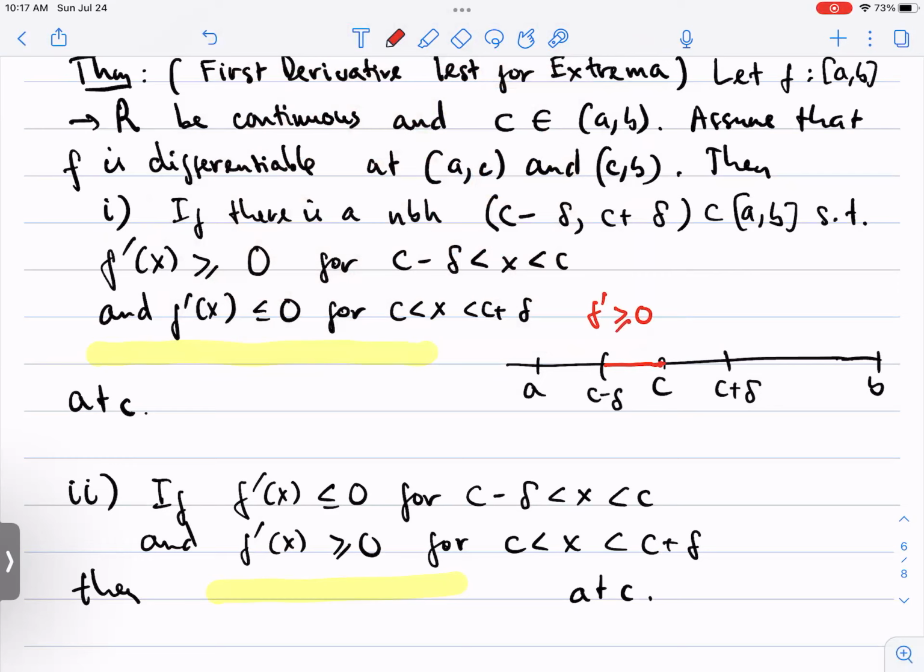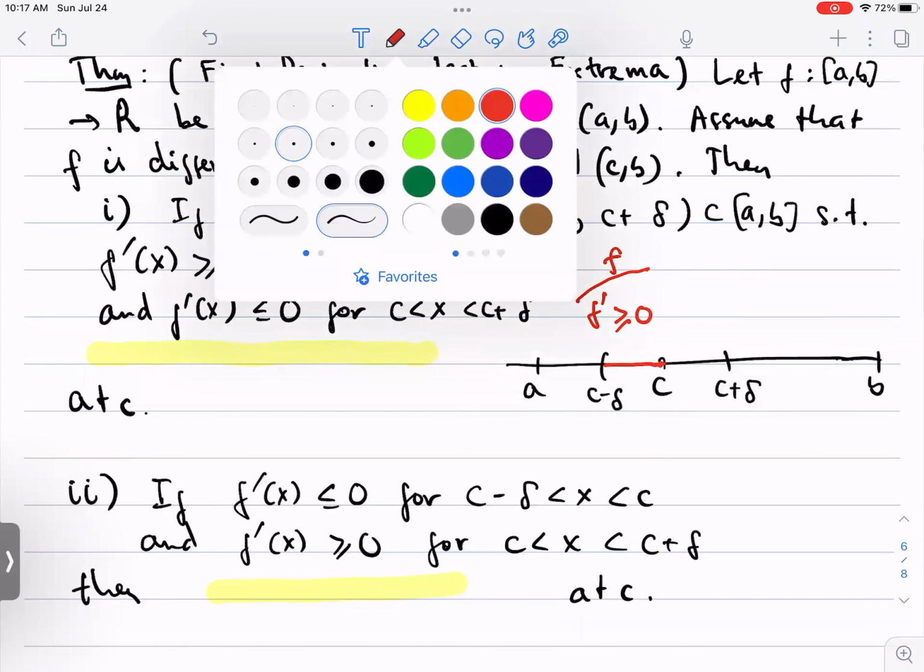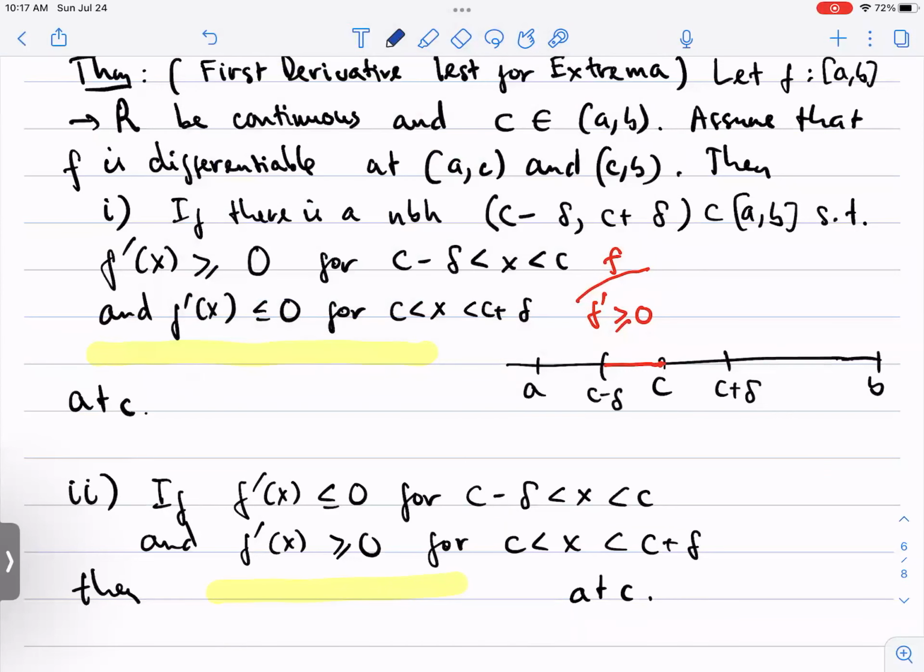So the function f is increasing over this interval. For the other part of the neighborhood, for x between c and c plus delta, f prime of x is smaller than or equal to 0. So let me use another color here. For this part of the interval, f prime is smaller than or equal to 0.